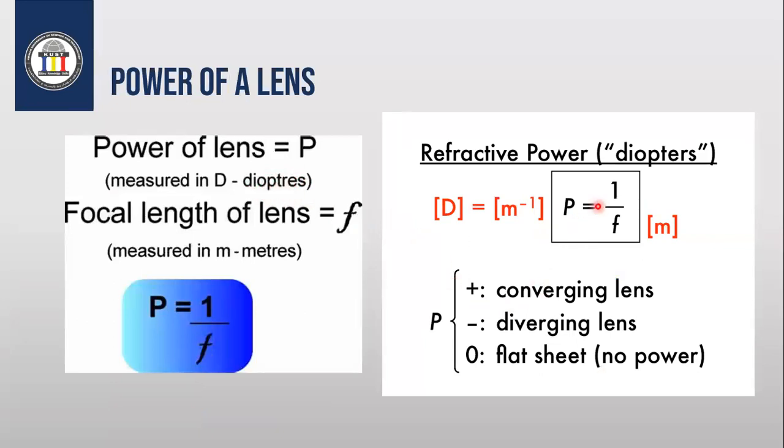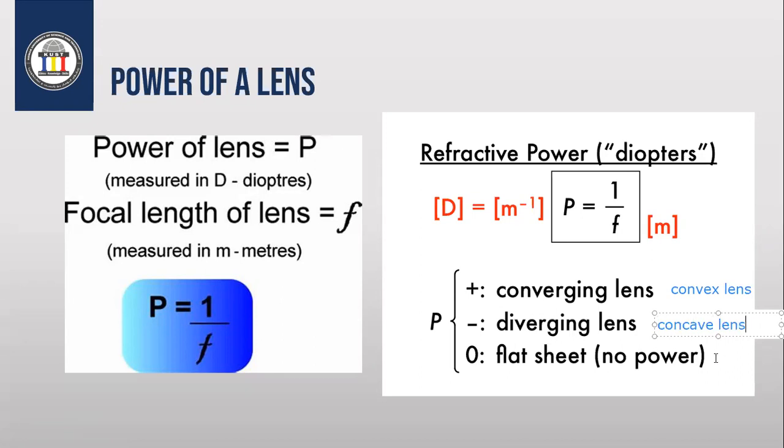Okay. And the power has 3 cases. Sometimes the power will be positive. When will the power be positive? When you are using the convex lens. This one is for the convex lens. The diverging lens, this one is for the concave lens.